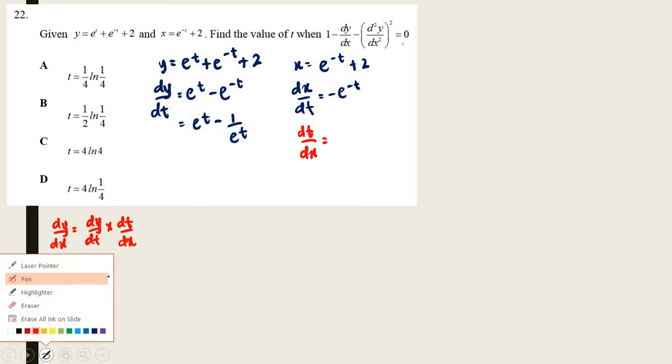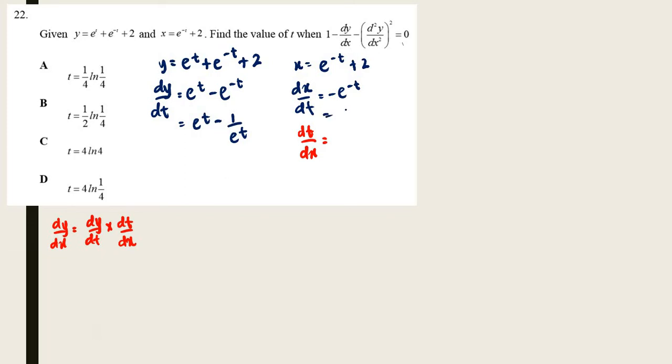If we write this in terms of a fraction, that will be negative 1 over e^t. So dt/dx will be just negative e^t. Substitute these two values of dy/dt and dt/dx in our chain rule. dy/dt is e^t minus 1 over e^t, and then we multiply with negative e^t.